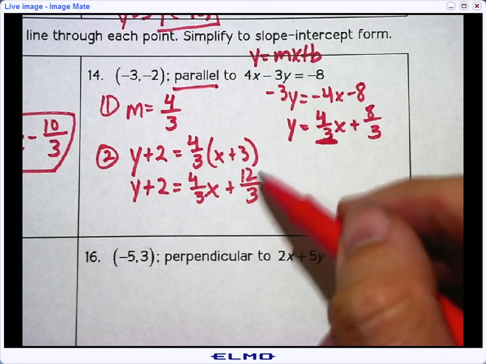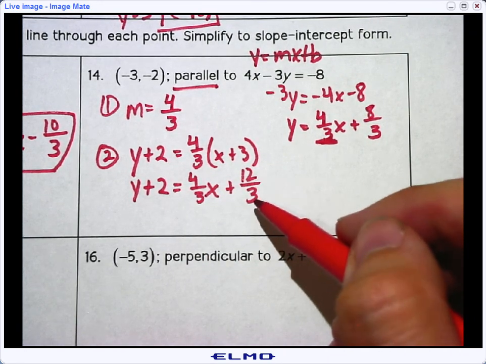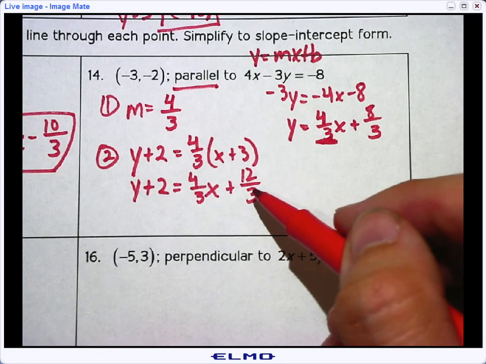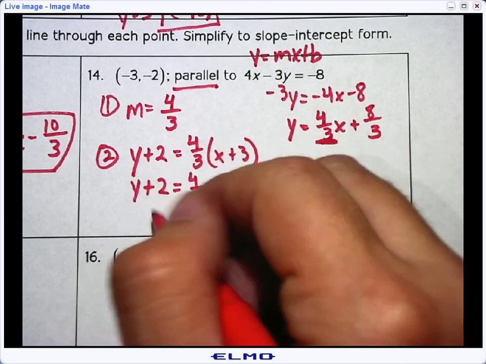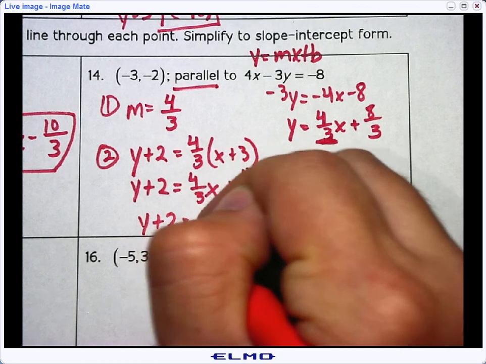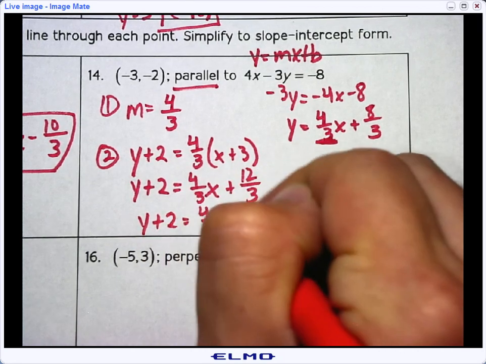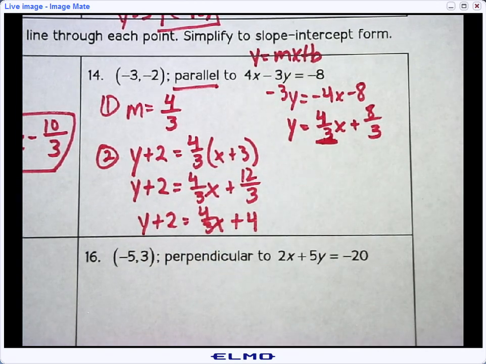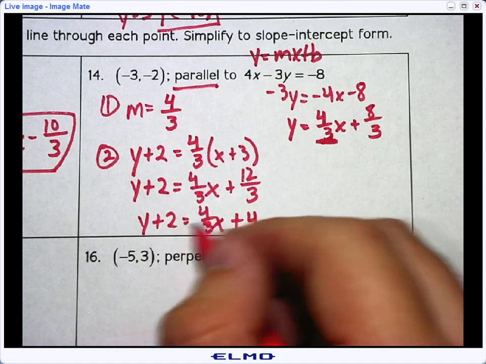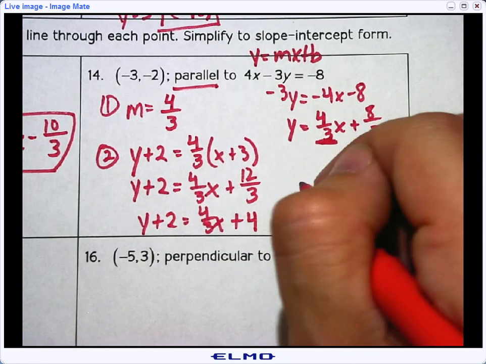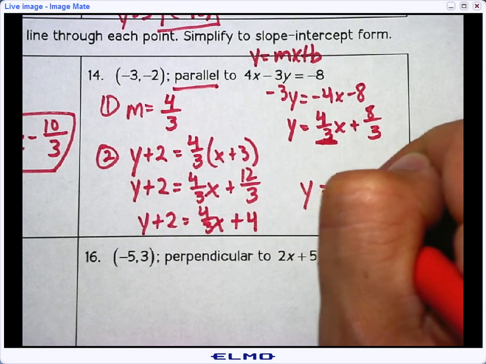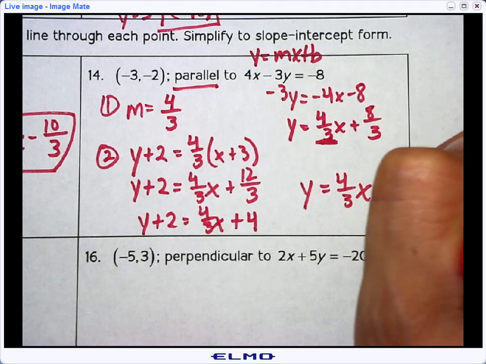Well, this is a pretty easy fraction to fix. 12 over 3 is just 4. So really this turns into y plus 2 equals 4/3 x plus 4. Subtract the 2 from both sides, we get the final answer, y equals 4/3 x plus 2.